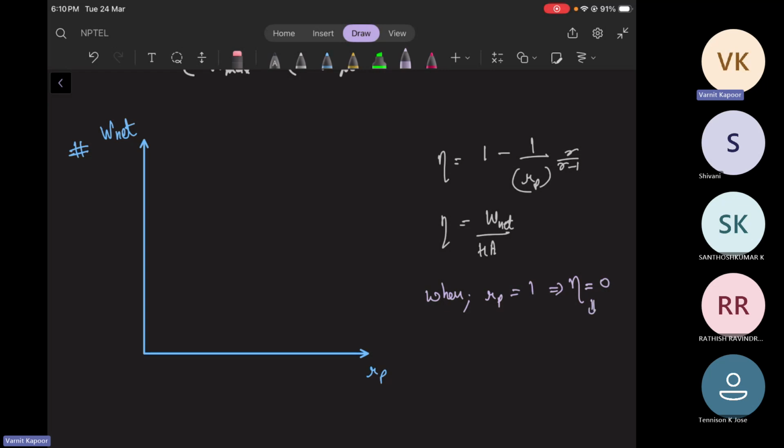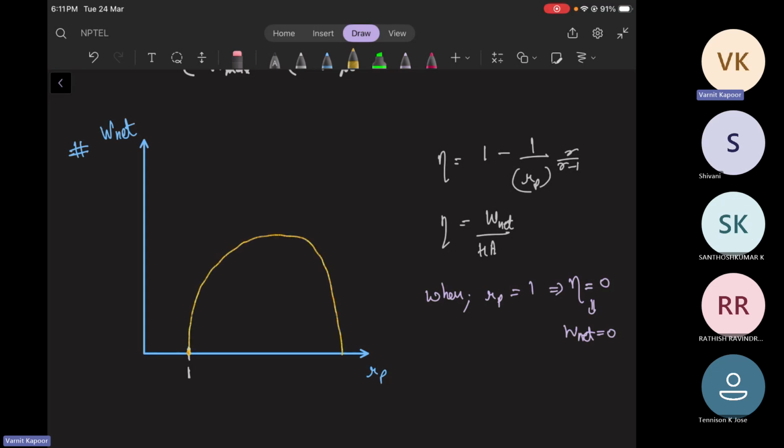This implies my work net will be 0. So if I start from value 1 of RP, eventually the work net will also be 0 at this position. Then I'll draw one plot.